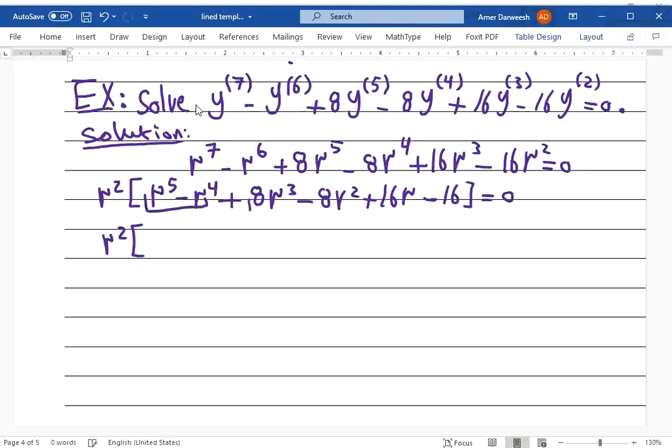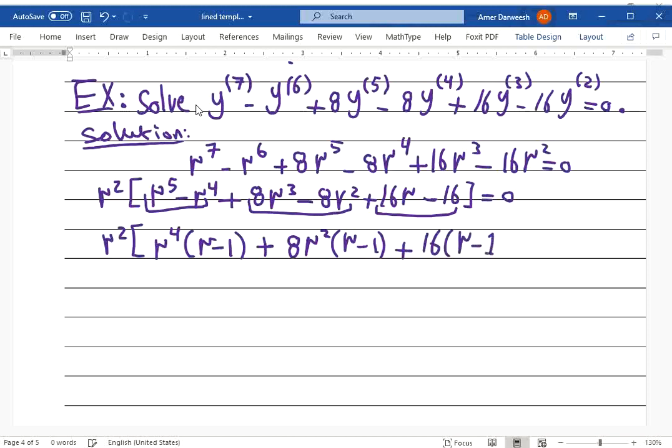The first one I take the factor r to the power 4 and the rest is r minus 1. The second term I'm going to take a factor 8 r to the power 2, the rest is r minus 1. The last one, factor out 16, and the rest is r minus 1 equals 0.